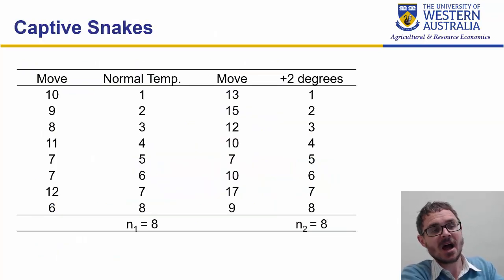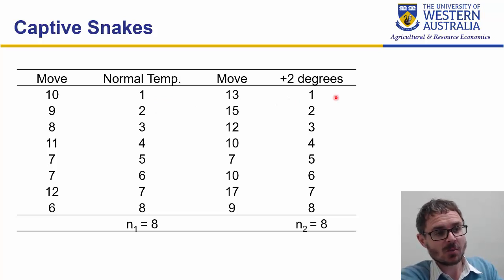So we had 8 captive guys in normal temperature. We're then going to have those same guys at 2 degrees higher. So remember, I've got my 8 captive sea snakes, so I've got 2 measurements on each snake: one at the normal temperature and what their movement intensity was at the higher temperature.